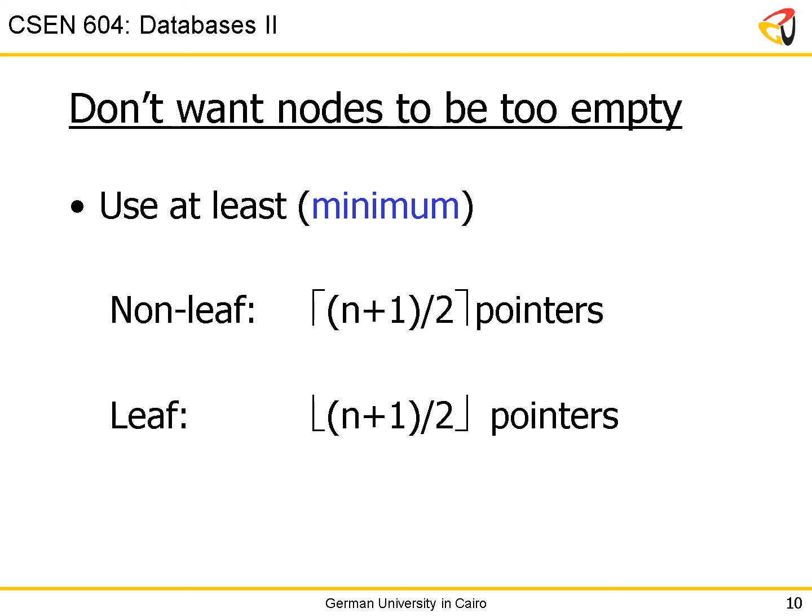Now, why the flooring and the ceiling here? When we are at the non-leaf level, we would like to increase the number of pointers, because this gives us more branching. So we are going to ceil up to have more pointers. That's why we're doing ceiling in the non-leaf, to have more pointers.